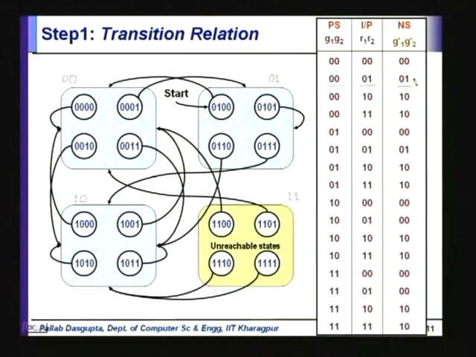The next state could be 0 1 0 0, 0 1 0 1, 0 1 1 0 or 0 1 1 1, because you do not know what are the next inputs. So, therefore, this edge actually is a collection of 4 edges, one going here, one going here, one going here and one going here, which I have indicated by showing it only using one block arrow, okay.